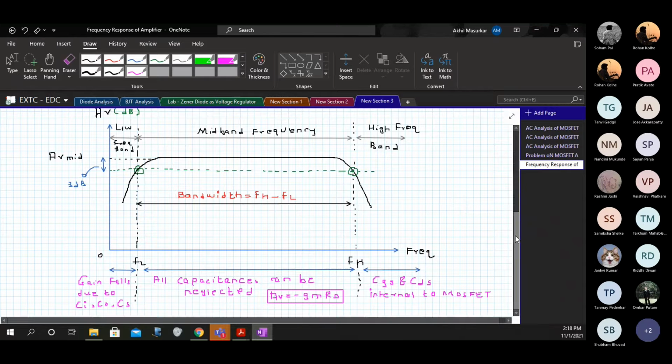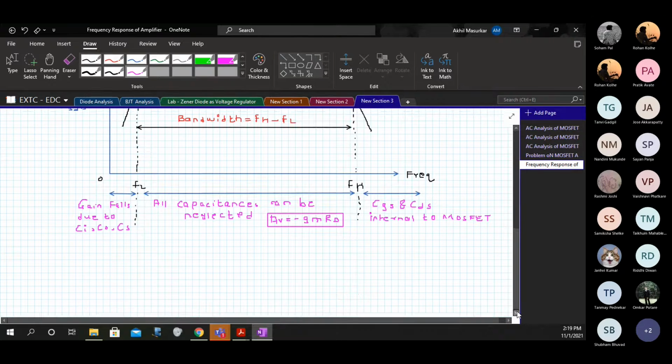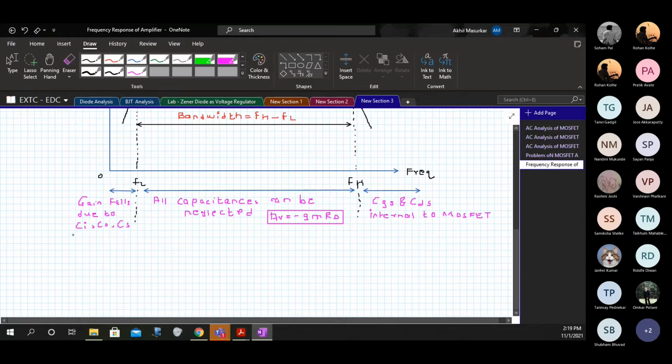Now, a very important thing: CI, C0 and CS are external to the MOSFET, and CGS and CDS are internal to the MOSFET.